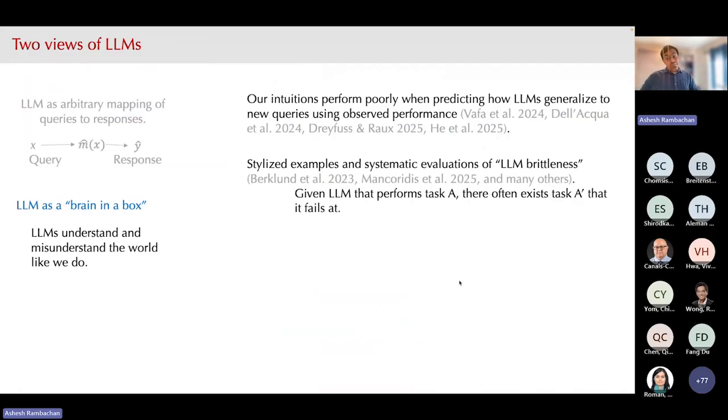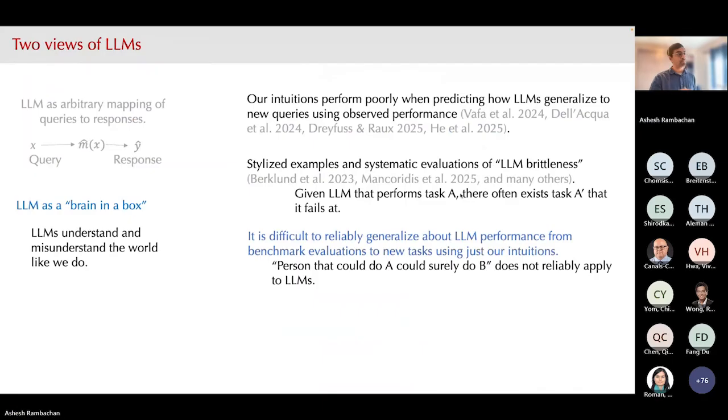Furthermore, there is a related line of work in computer science that shows a related type of brittleness of large language models, where people show systematically that given a benchmark, you might find that a large language model performs well on some task A, but there often exists, and you can adversarially generate, tasks A prime that are adjacent to A in some appropriately defined space that large language models will tend to systematically fail at.